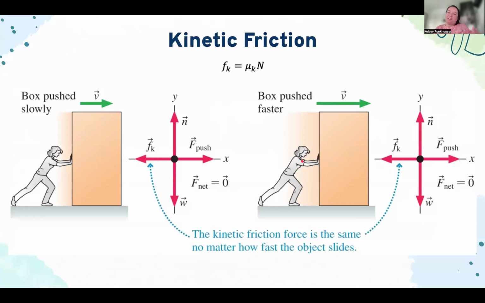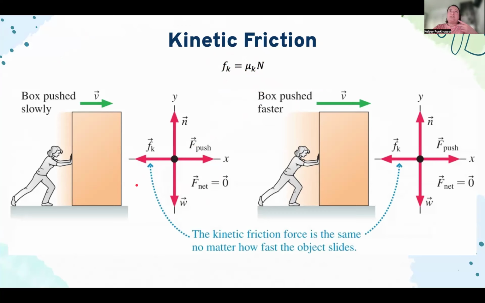Kinetic friction is easier because it's just one value, a one-size-fits-all sort of thing. The kinetic friction equation is just the force of kinetic friction equals the coefficient of kinetic friction times the normal force. So it isn't affected by anything like how fast an object's going or what forces you're applying to it.